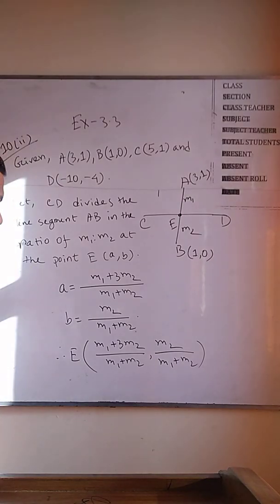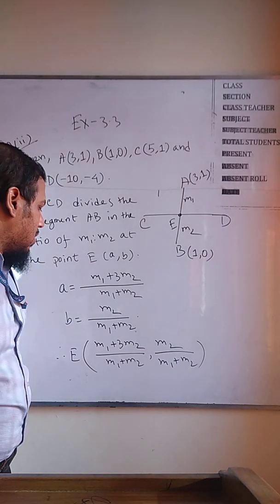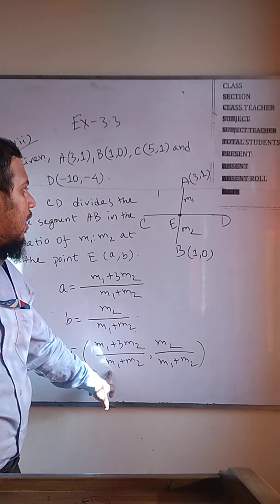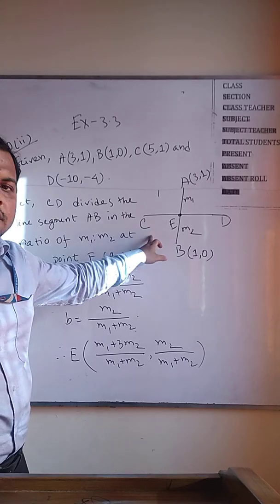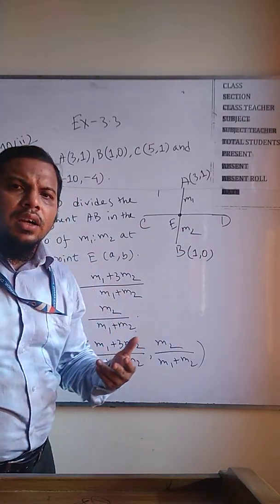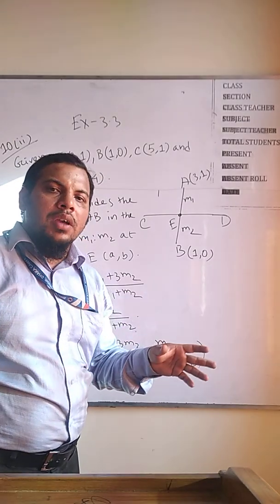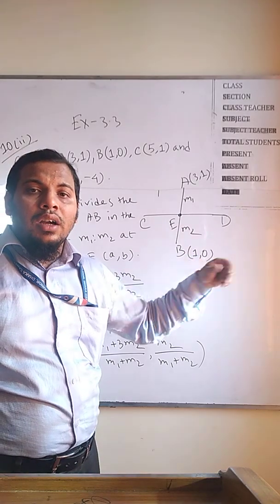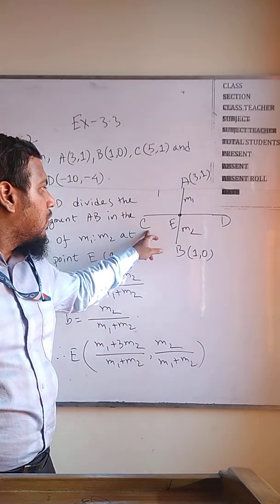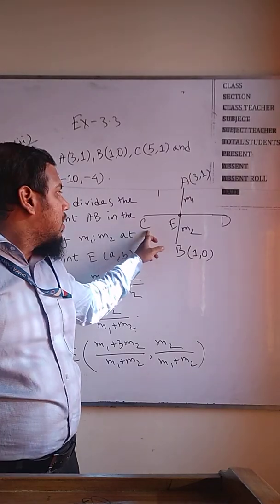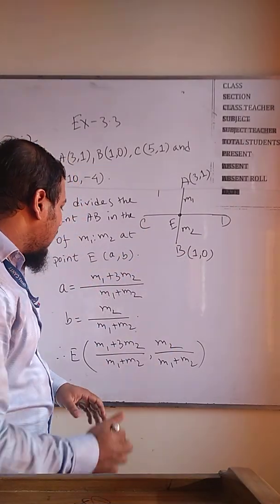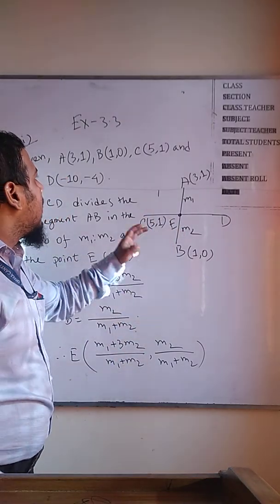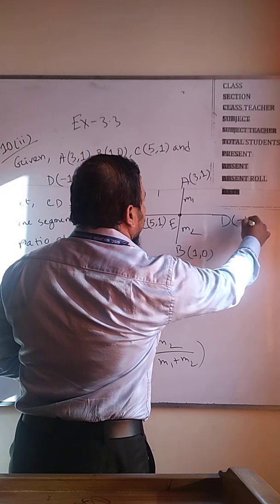Now we get E as this point. Similarly, C, E, D are collinear, so we apply the same process. C is (5, 1), E is this point, and D is (-10, -4).